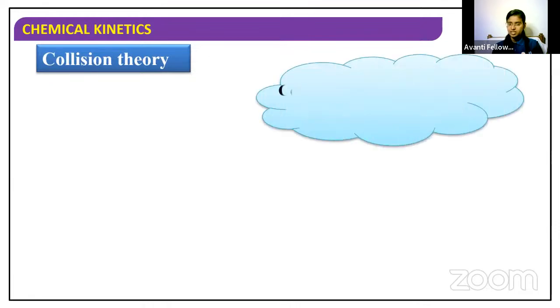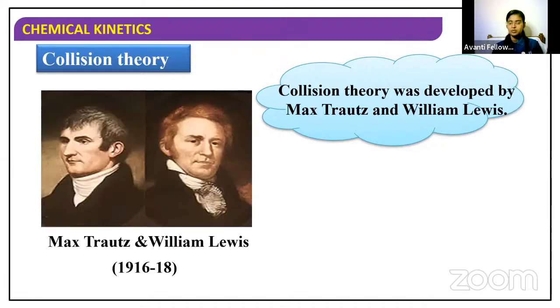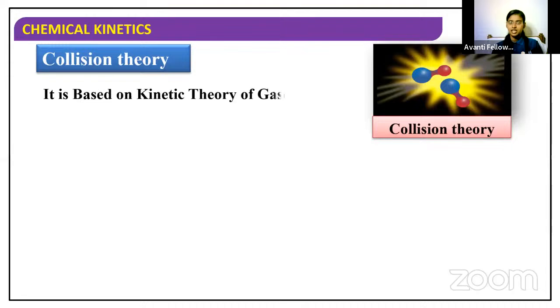Now collision theory was developed by Max Trautz and William Lewis between 1916 and 1918. And in the collision theory, the theory is based on the kinetic theory of gases. This kinetic theory of gases topic was discussed in the states of matter lesson of your class 11.